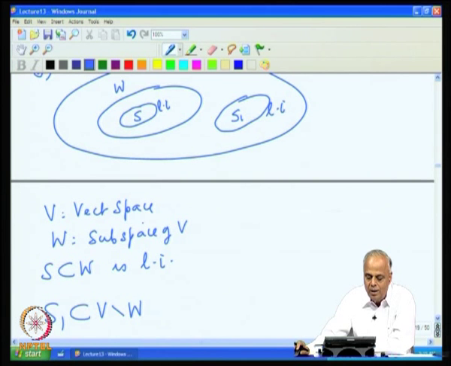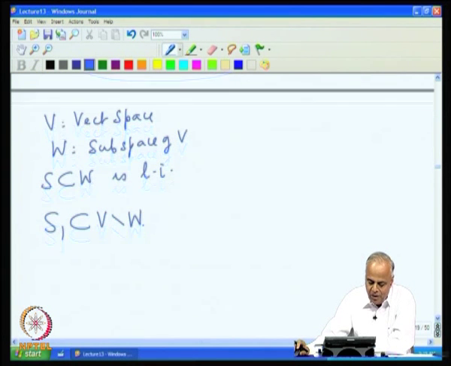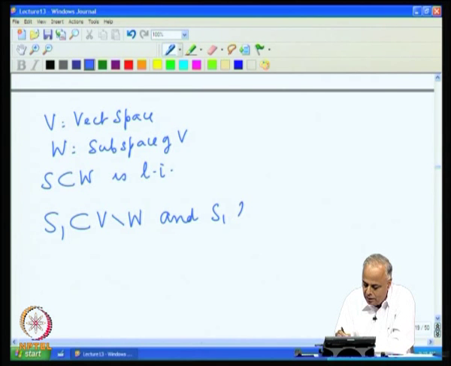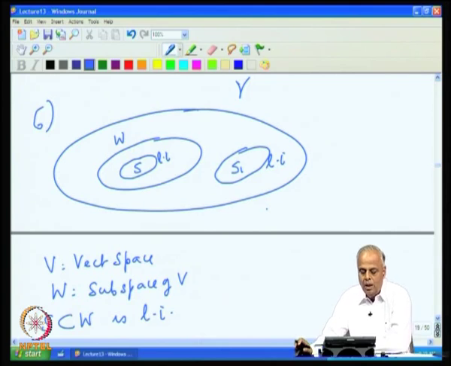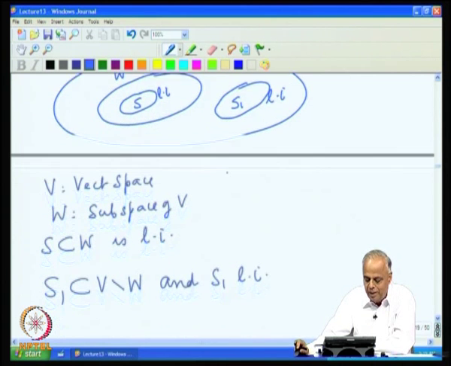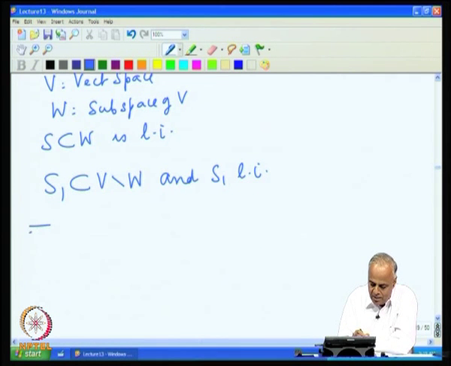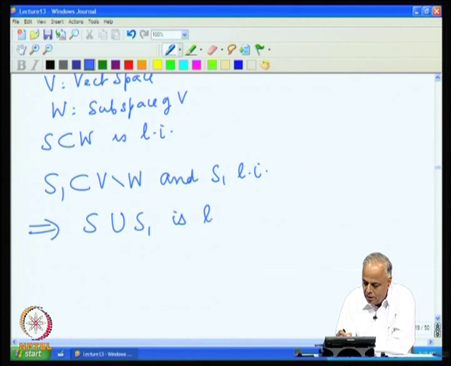So, S1 is in V, but not in W, and S1 is linearly independent. Now, it is not difficult to verify that S union S1 will also be linearly independent in V.